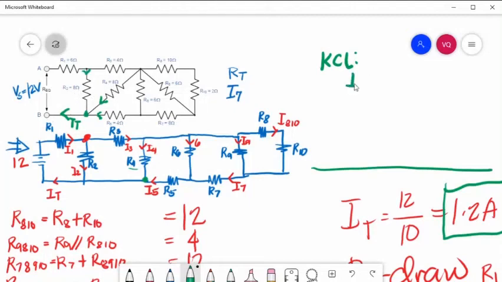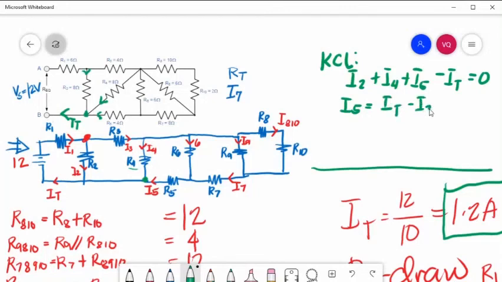So positive, I2 plus I4 plus I5 minus IT is equal to 0. So, solving for I5, we have IT minus I2 minus I4. So, IT is 1.2 minus I2 is 0.6 minus 0.3.